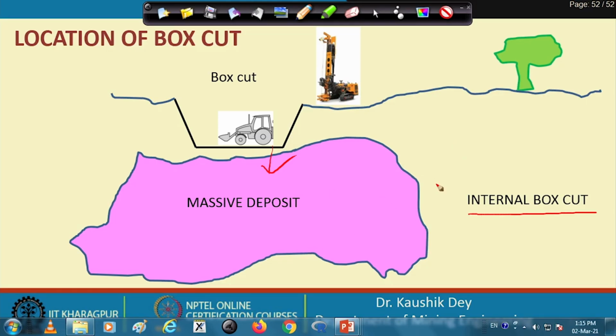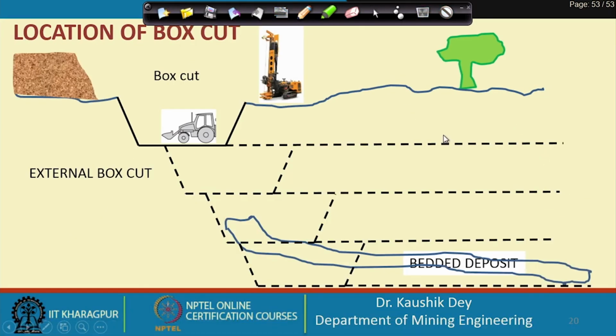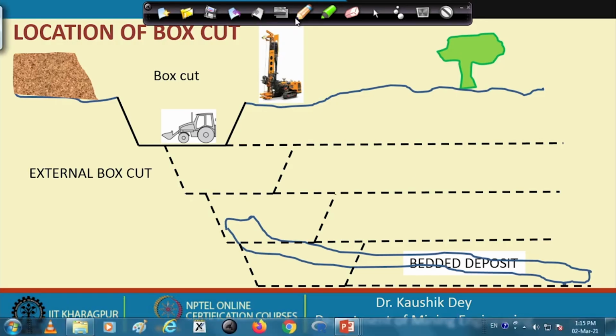That is very important, and to reach the deposit early, we place the box cut vertically above the deposit. That is why we go for the internal box cut. We can see the same for a vein deposit also, but in the case of a bedded deposit we may go for the external box cut.